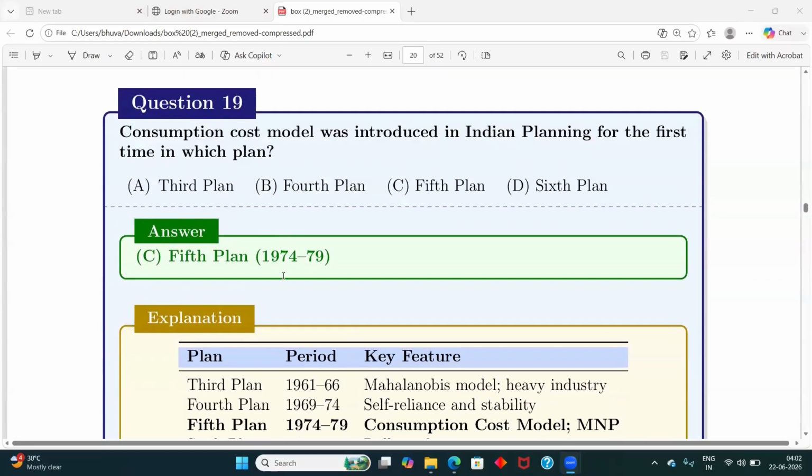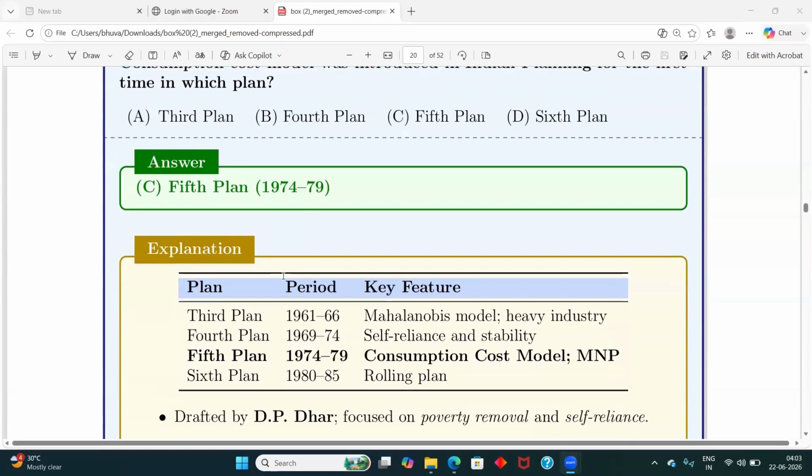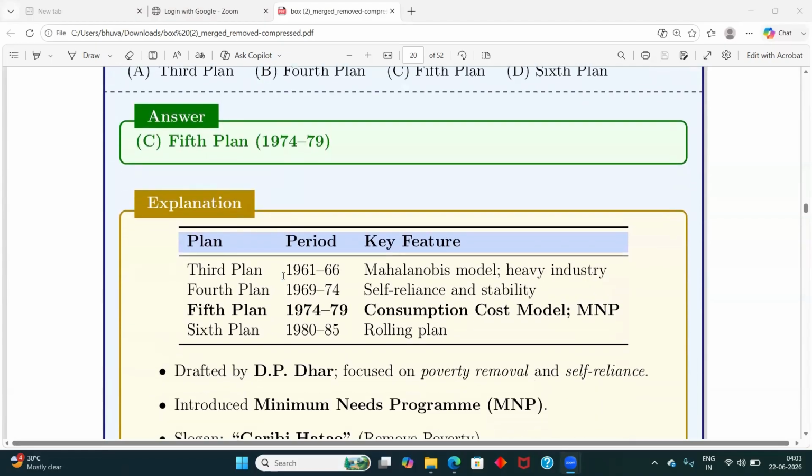Third plan 1961 to 66, Mahalanobis model and heavy industry. But this Mahalanobis model was introduced, I think, in the second five-year plan. So the key feature we can add is heavy industry. So not to worry about it.